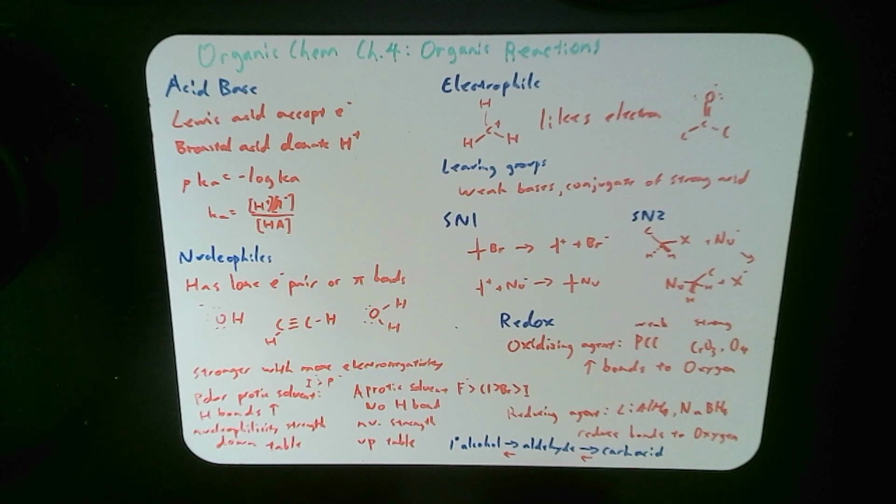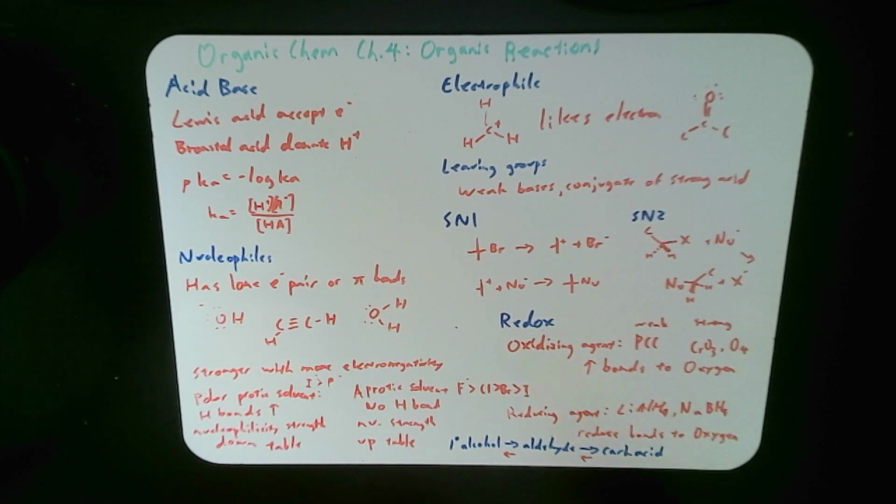Imagine alcohol, right, only has one additional bond to oxygen, but something like carboxylic acid has a lot more bonds to the oxygen. You have a carbonyl group there. So oxidizing agents turn alcohol up to aldehyde, up to carboxylic acid, and so forth. You can also turn a secondary alcohol into a ketone.